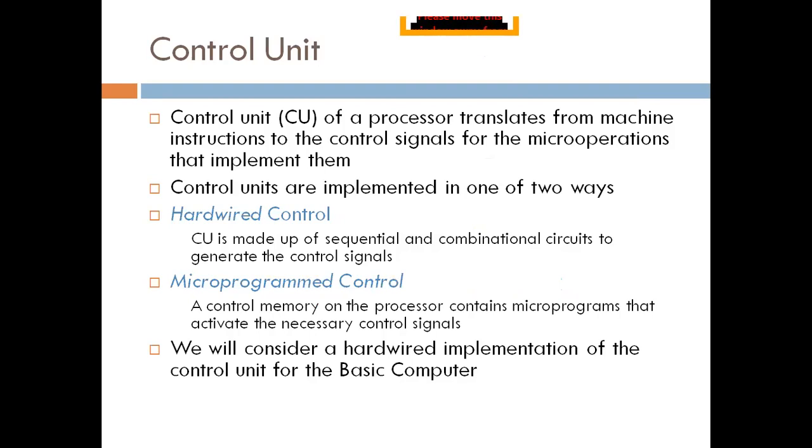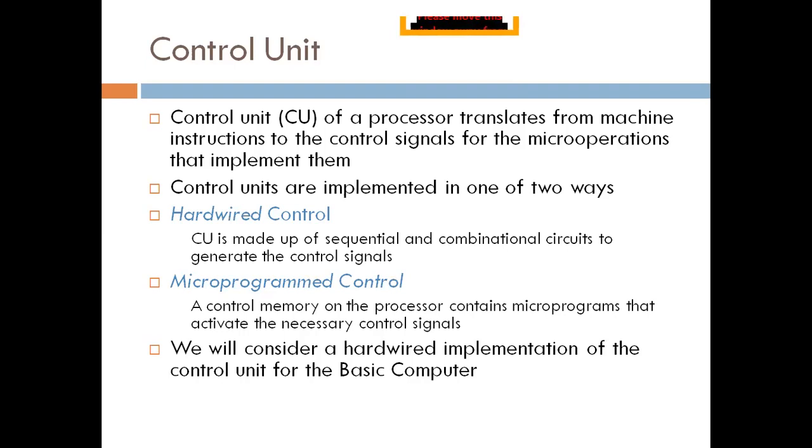Next is the control unit. The control unit (CU) of the processor translates machine instructions into the control signals for the micro operations that implement them. Basically, these control signals are implemented in one of two ways.